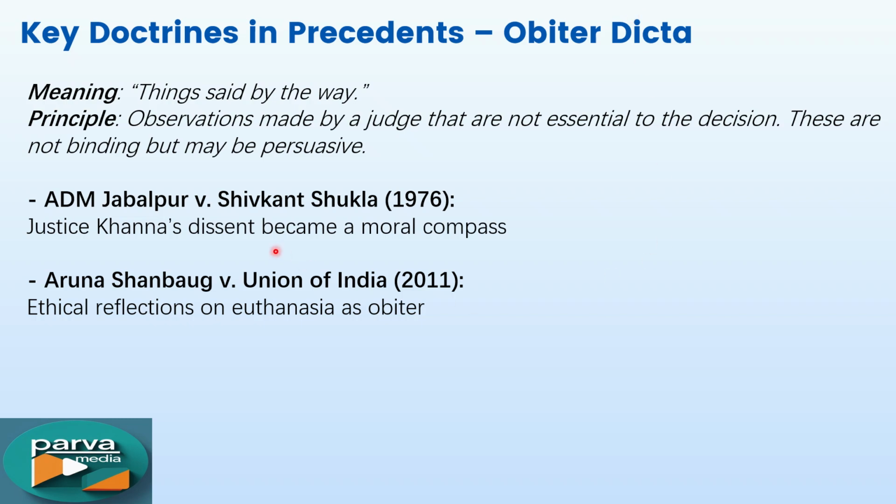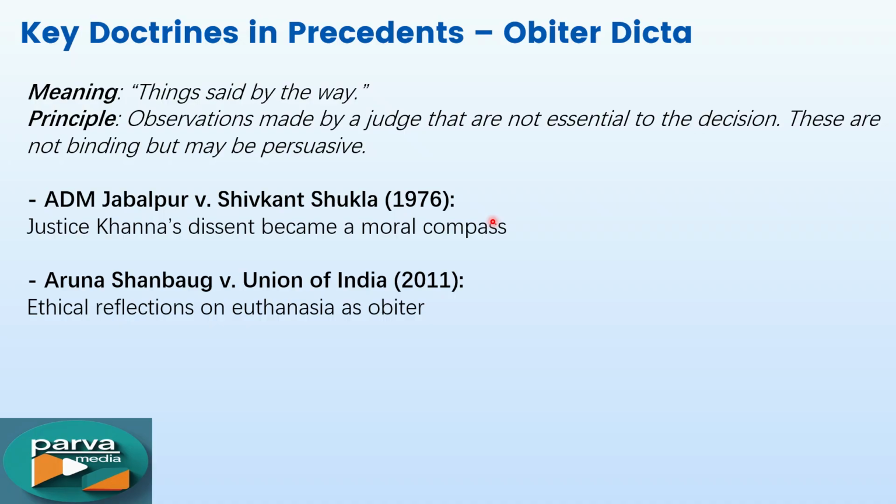Here is one important case, ADM Jabalpur versus Shivkant Shukla. In this controversial case, Justice H.R. Khanna's dissenting opinion, though not part of the majority ruling, stood out as a powerful moral statement. Though it is not part of the majority decision, it will stay as a moral statement.